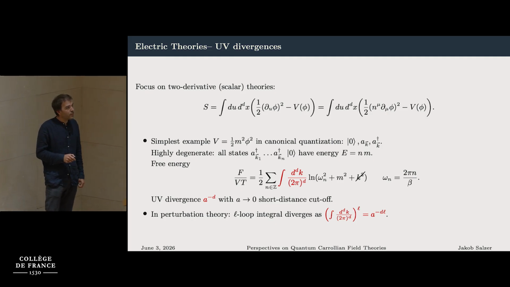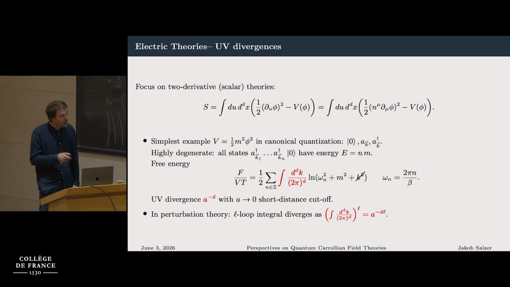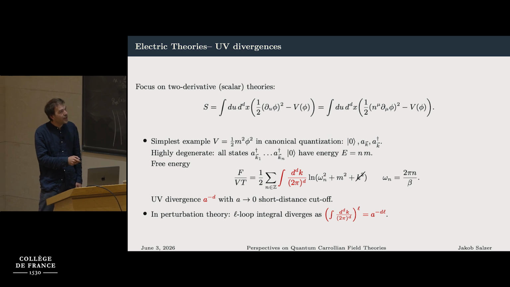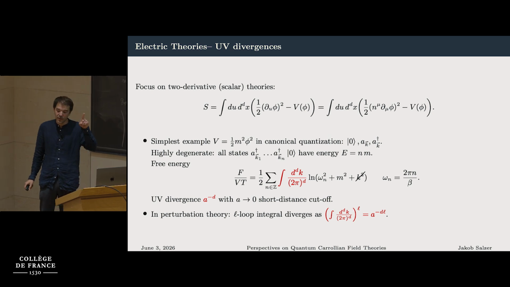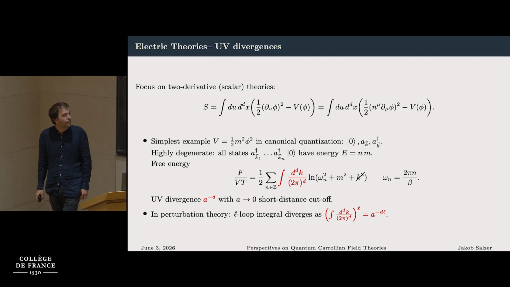Then you assume now the existence of a chiral invariant vacuum, and you can expand this field phi again into modes. So you just do canonical quantization. However, the important difference here is that the energy of all of these modes is independent of this spatial vector k, precisely because there is no derivative term here.